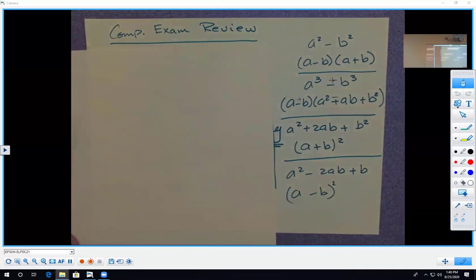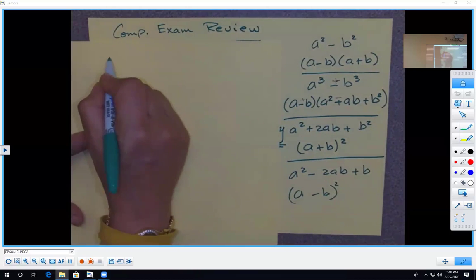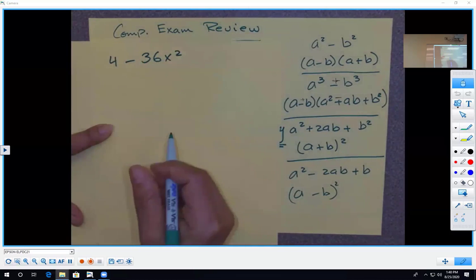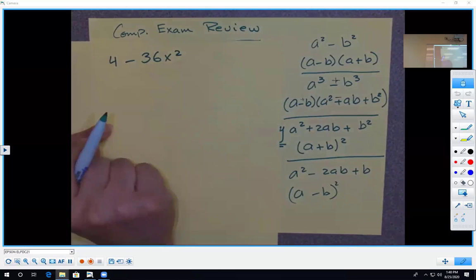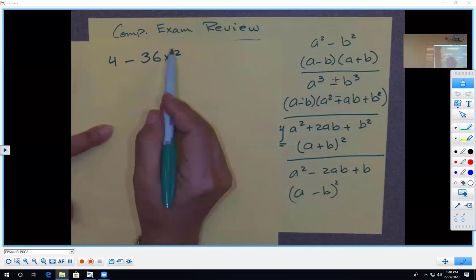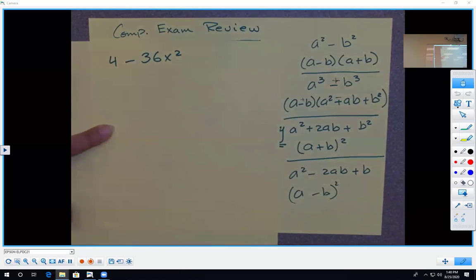Now let's look at our next example here. I have 4 minus 36x squared, a difference between two perfect squares. How do I know that they are perfect squares? As soon as I see the exponent 2 and these two numbers are perfect squares.